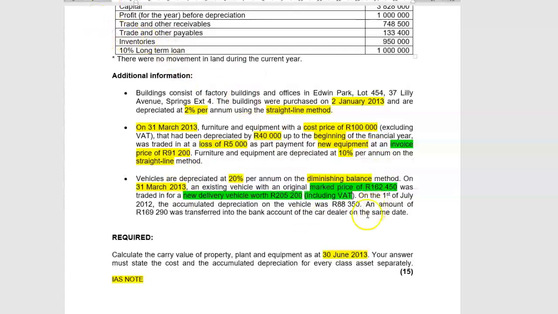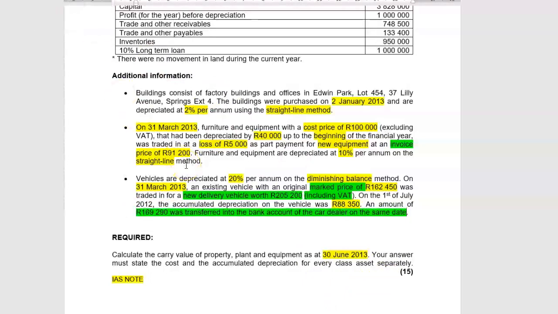So the cost price of that vehicle will be the VAT exclusive price. On the 1st of July 2012, the accumulated depreciation on the vehicle was 88,350. Now that was the one that we've sold. So that one's got to do with that one. An amount of 169,290 was transferred into the bank account of the car dealer at the same date.